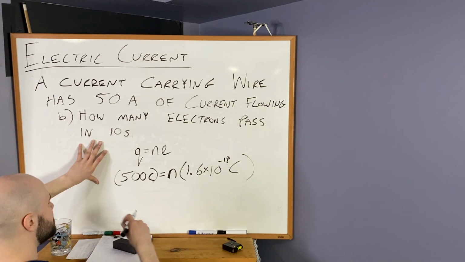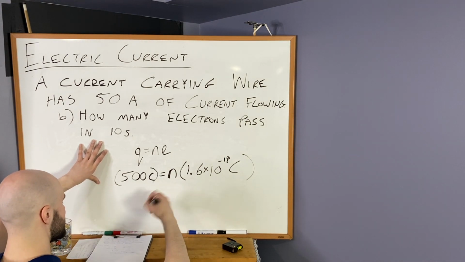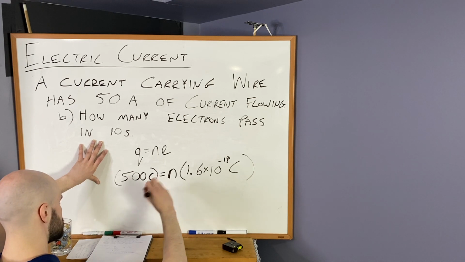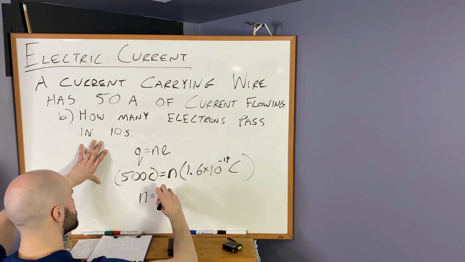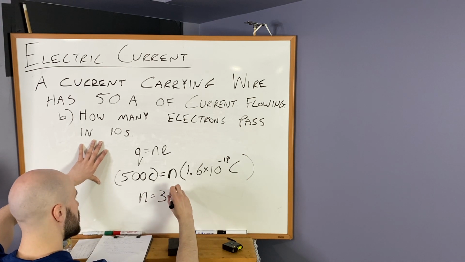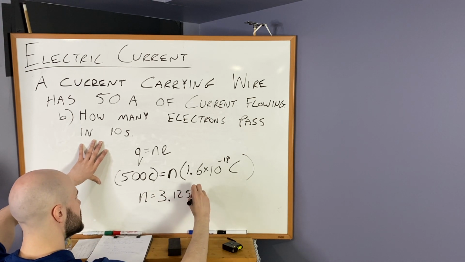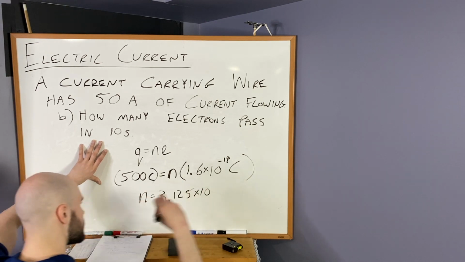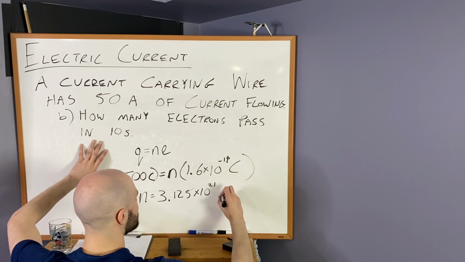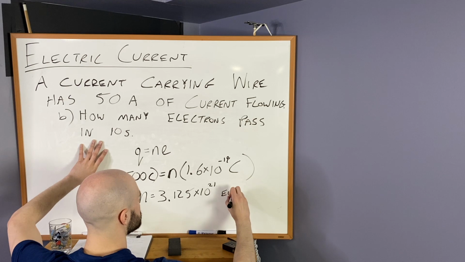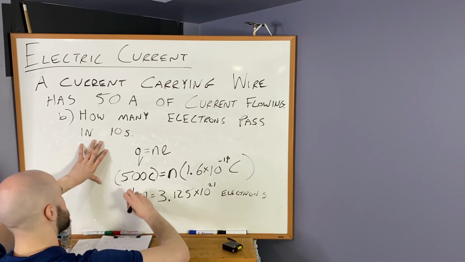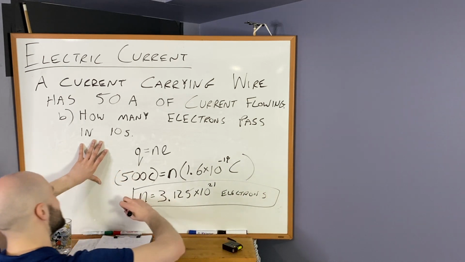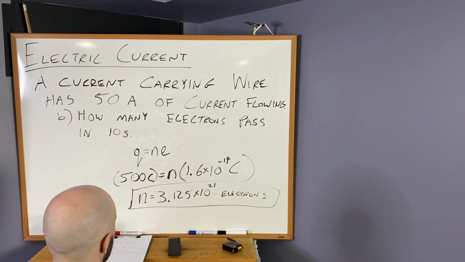So, by doing division, if you work it out yourself, the number of electrons is 3.125 times 10 to the 21st power. That's how many electrons pass. That's a huge amount of electrons.